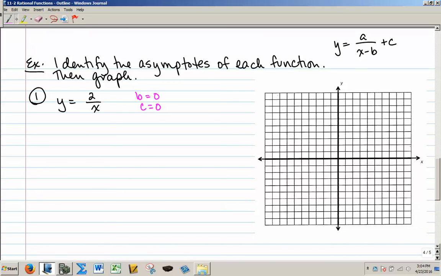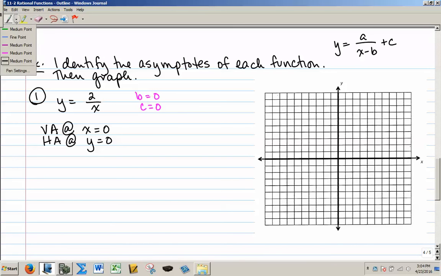So that means I'm going to have a vertical asymptote at the line x equals 0 and a horizontal asymptote at the line y equals 0. Remember, my vertical asymptote was where x equals b, and since b is 0, that's x equals 0. My horizontal asymptote was the line where y is equal to c, and c equals 0.